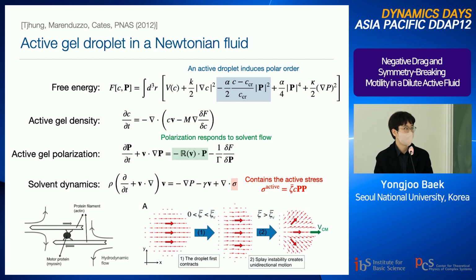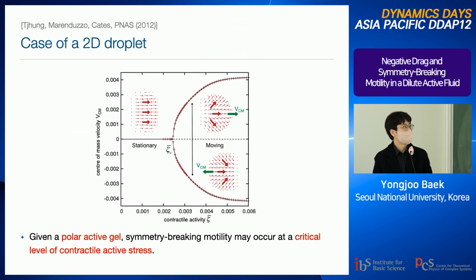The aligned filaments will develop an asymmetric configuration, which gives rise to an imbalance of contractile stress, and that will make the whole droplet move in some direction. Now, this splay instability can be formed in this manner or this manner, which are related by mirror symmetry transformation to each other, and so the droplet can move in this direction or in that direction, regardless of the polarity.